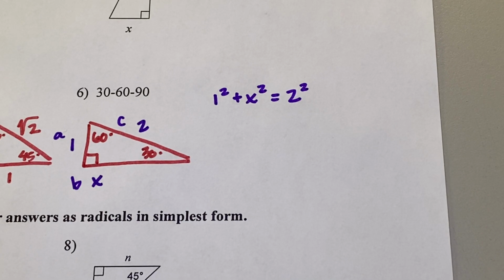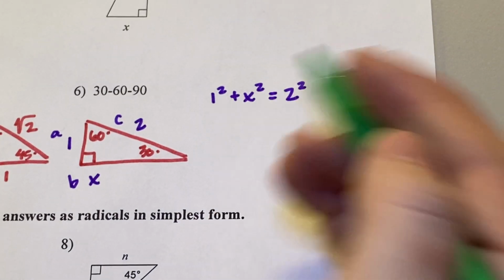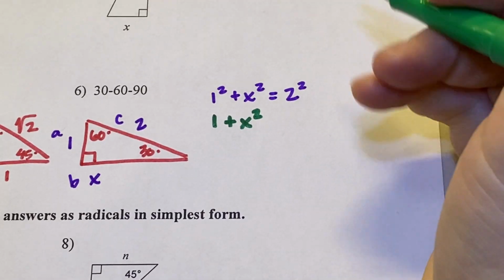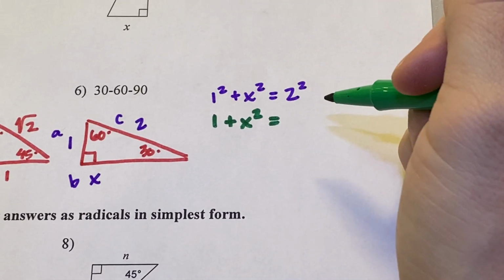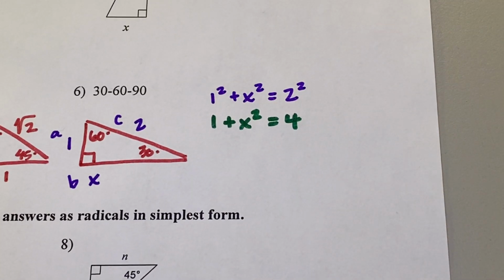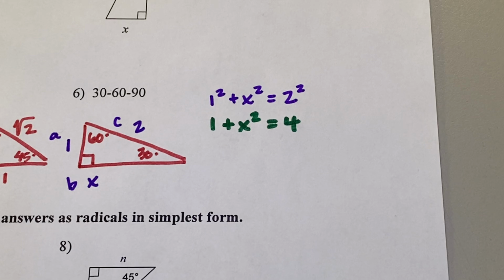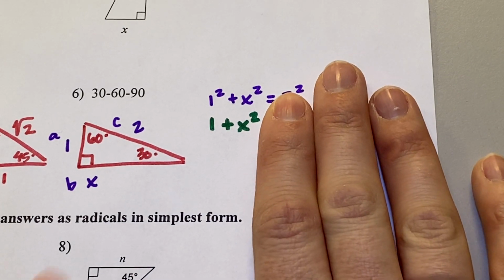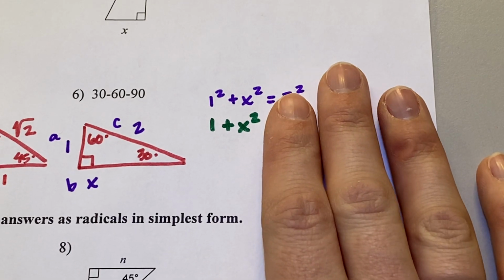Alrighty, what is 1 squared? 1 times 1? 1. Don't know what X is, can't square it. 2 squared? 2 times 2? 4. Beautiful. Now, both my numbers aren't on one side. I need to move the 1. How do I move it? What's the opposite of plus 1?